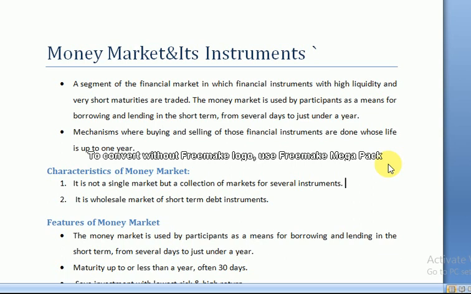Simply we can say that the money market is the mechanism where buying and selling of those financial instruments is done whose lifetime is up to 1 year. Such a market is called the money market.